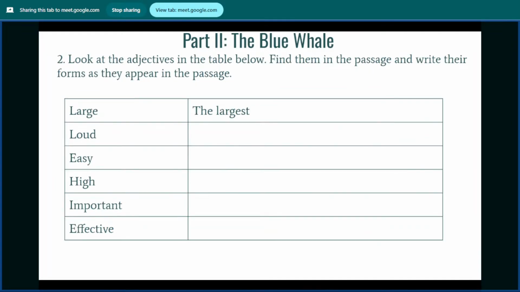Next, I have shared the handout with you also.